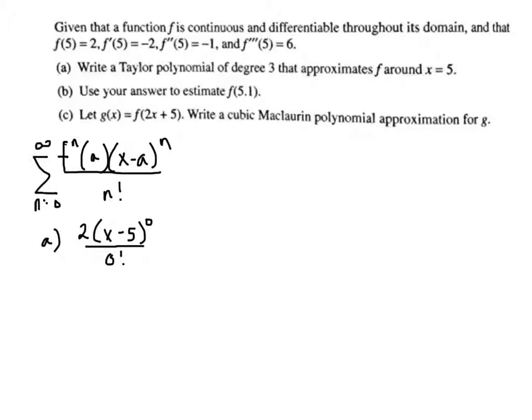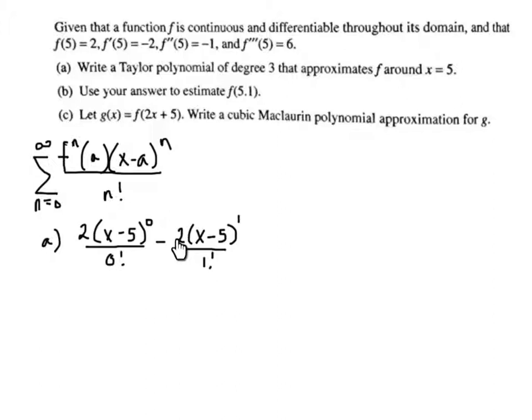So next, our next coefficient is negative 2, because that's the first derivative's value at 5. So the first power over 1 factorial. Remember that the derivative we're on, the power, and the factorial are all the same. So we had 0th derivative, 0 power, 0 factorial.